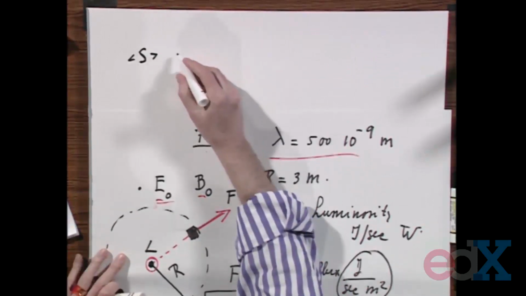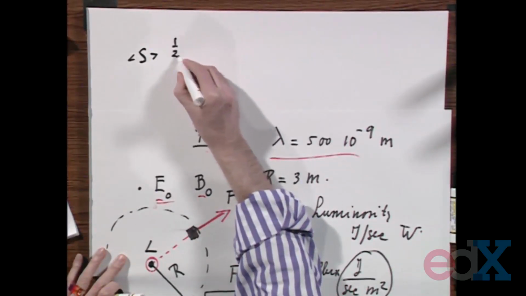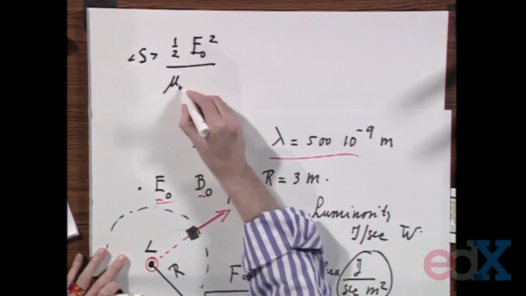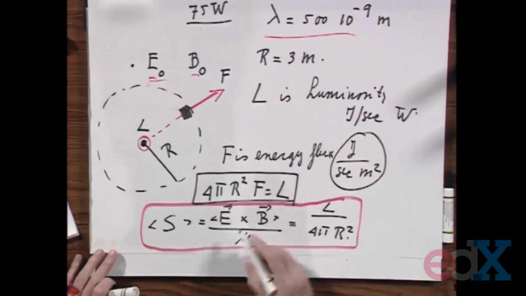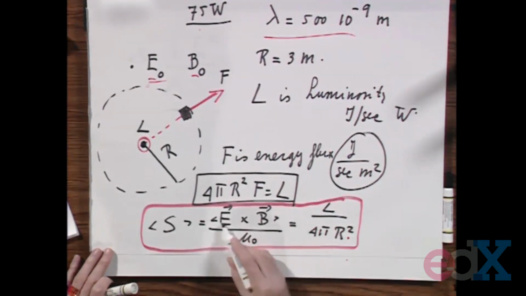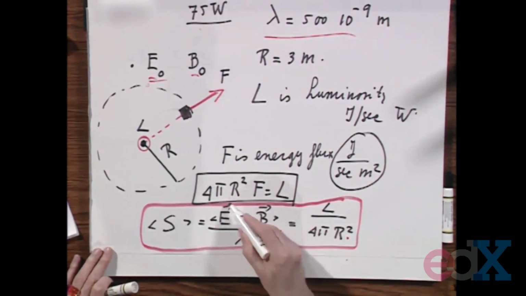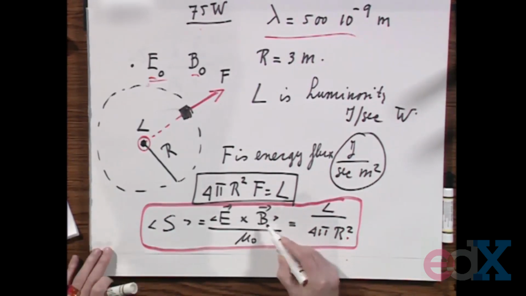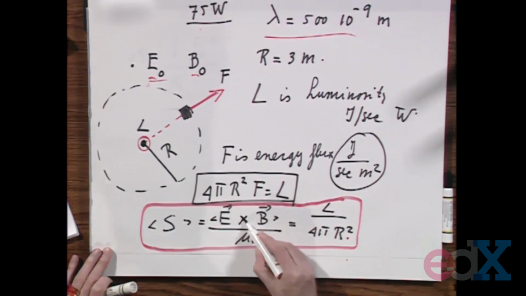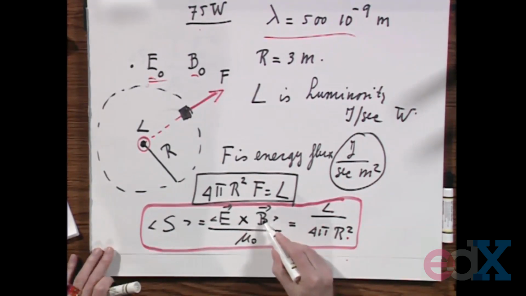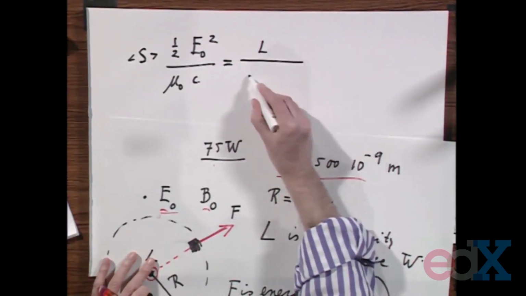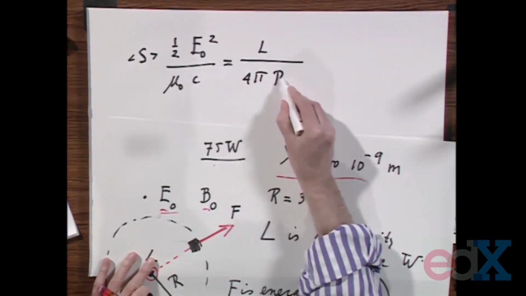Well, the mean value of that quantity equals 1/2 E0 squared divided by mu 0 times c. Remember, the 1/2 comes from the fact that you're going to get a cosine squared term in here, because this has a cosine dependence of time and this has a cosine dependence of time. They're perpendicular to each other, so I can forget the cross. But B0 is also E0 divided by c, so that's why I get this c here. And that now equals L divided by 4 pi r squared.